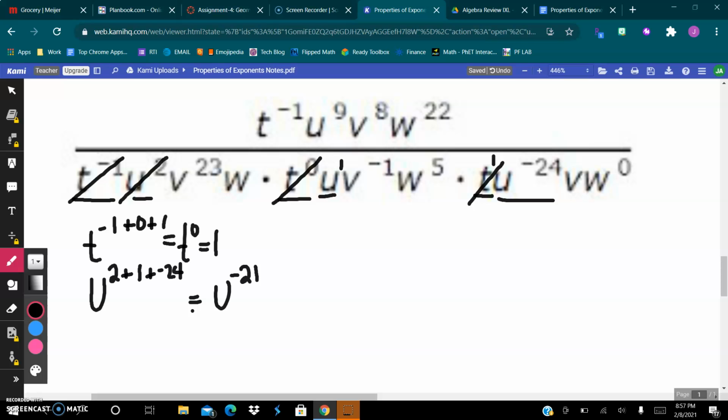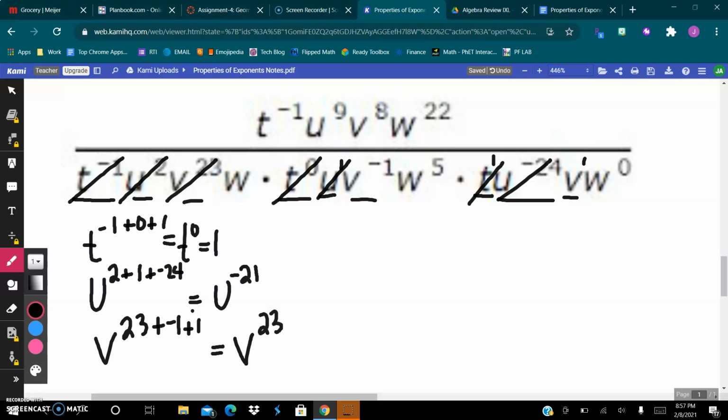So I've simplified those. And then I'm going to work with the v's. I have v to the 23rd, v to the negative first, and just a regular v, which is a 1. So that would simplify out to v to the 23rd.